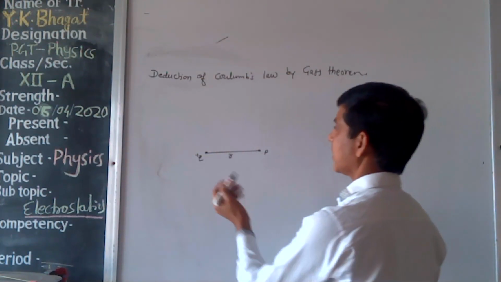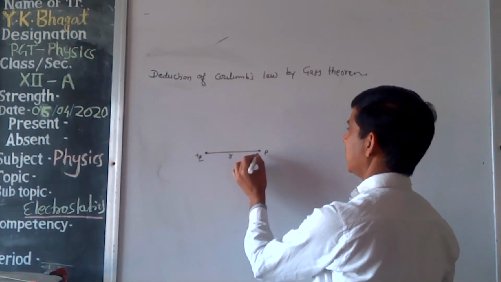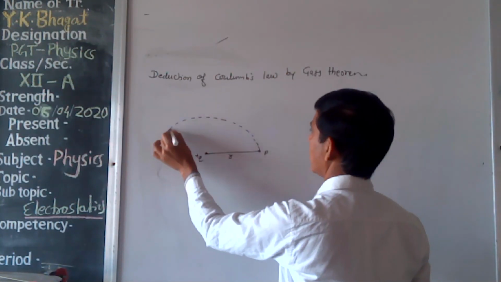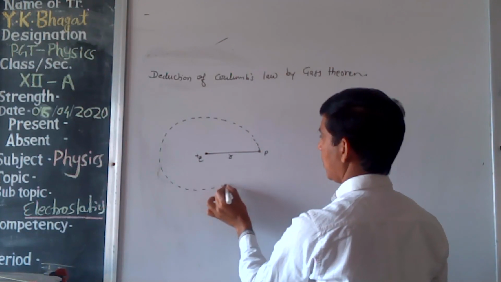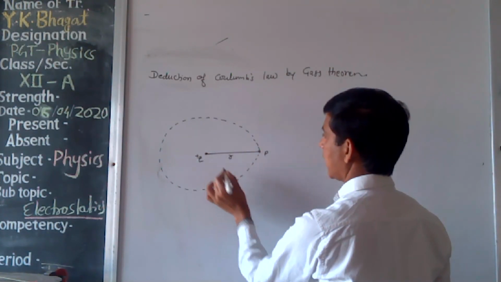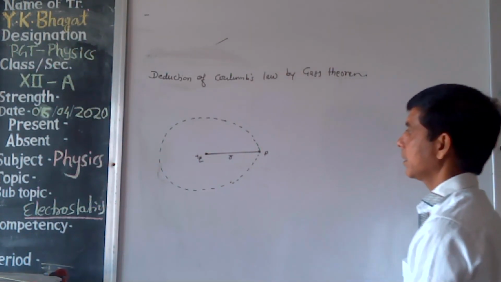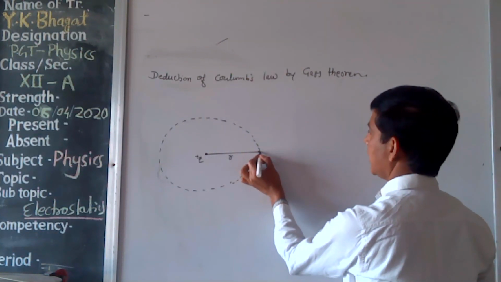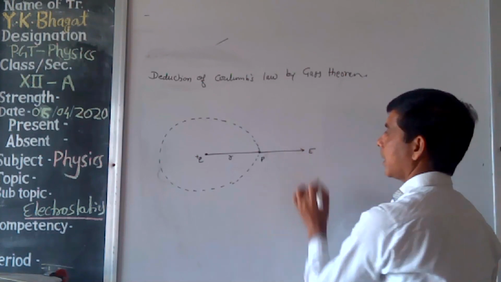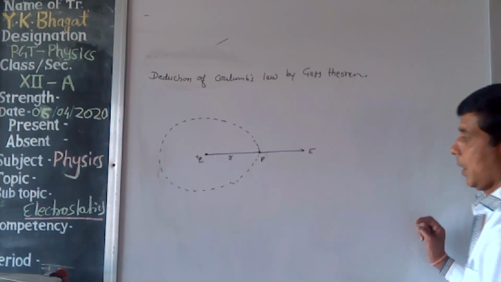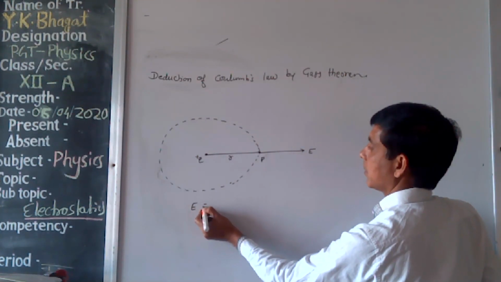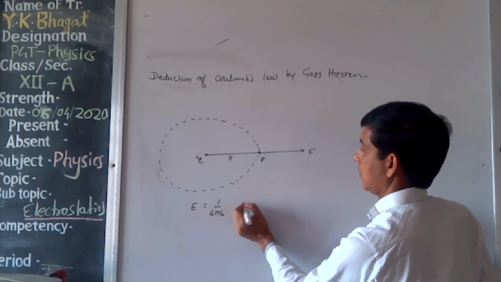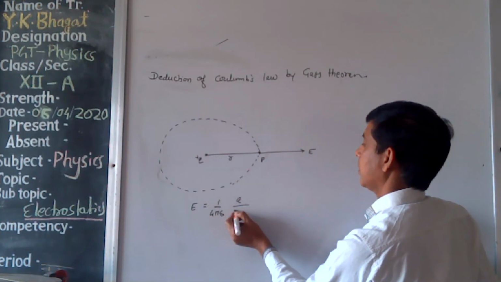We consider a closed loop having that charge as center and r as the radius. Then at point P, the intensity is given in this direction, and the value of intensity will be 1 upon 4 pi epsilon naught q upon r square.